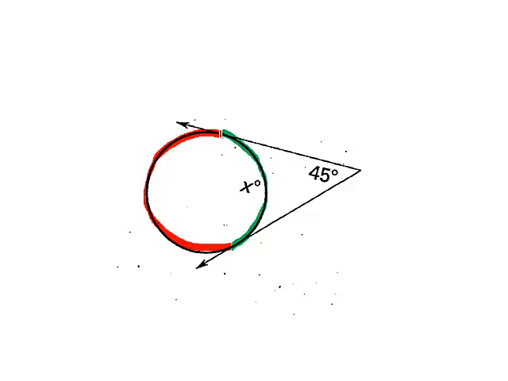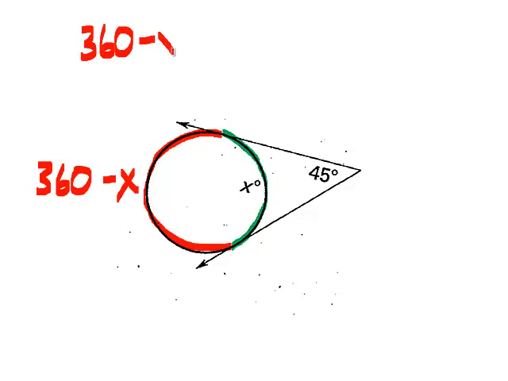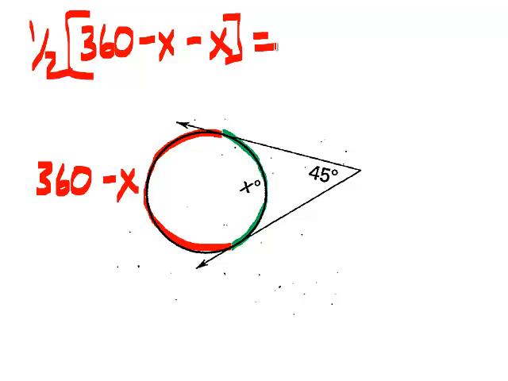So you can write the outer as 360 degrees minus x. Then you do outer, 360 minus x, minus your inner, times 1/2. That equals your exterior angle, which is 45 degrees.